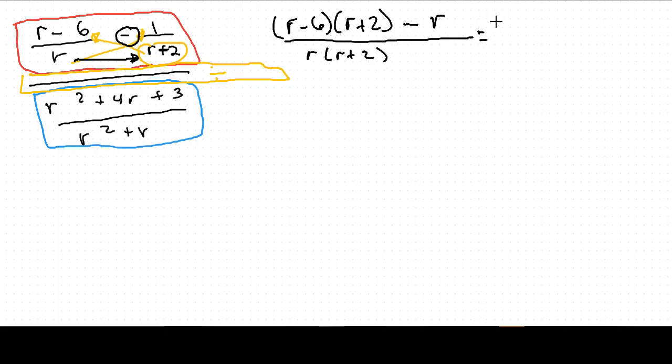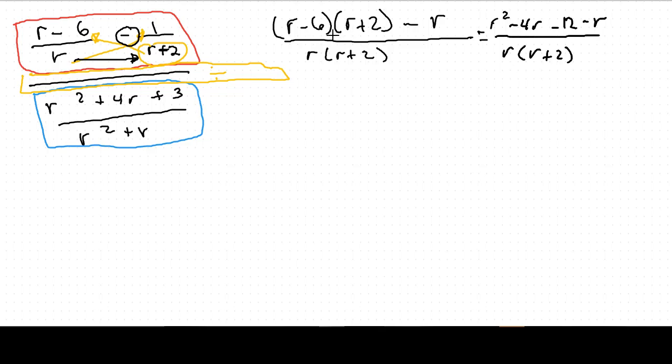So this is, I FOIL these two things, so I get R squared, and then that's minus 4R, and then that's minus 12 minus R, and then that's over R times R plus 2. Do you see where I get the negative 4 from?